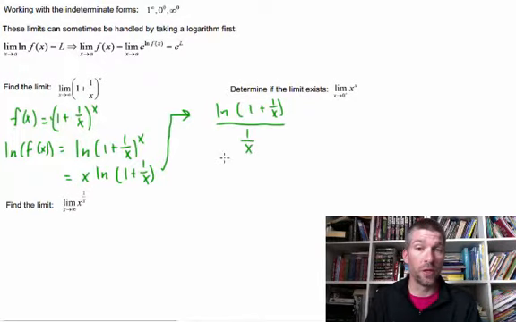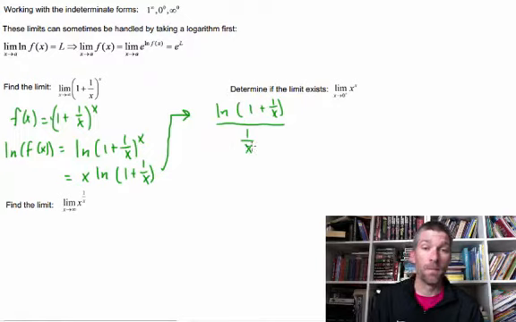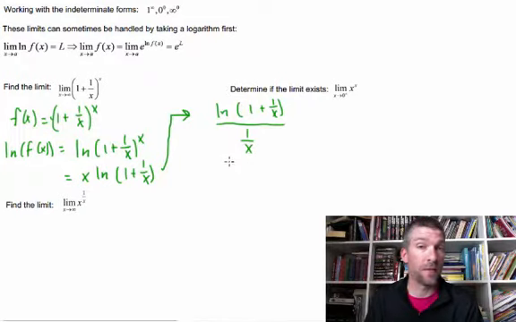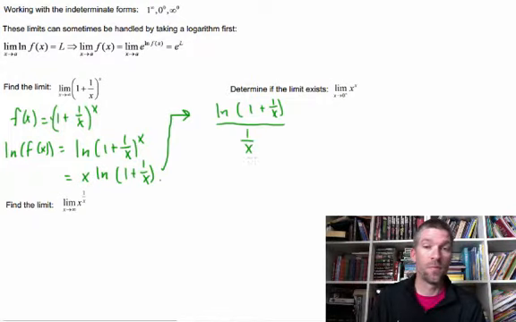Now this looks really, really weird, but here's the thing. If I take the natural log and divide by 1 over x, that's the same thing as multiplying by the reciprocal of 1 over x, which is where I started. But the key from this is, from this guy right here, I can now look at using L'Hopital's rule.